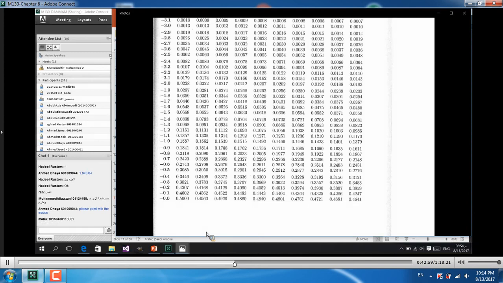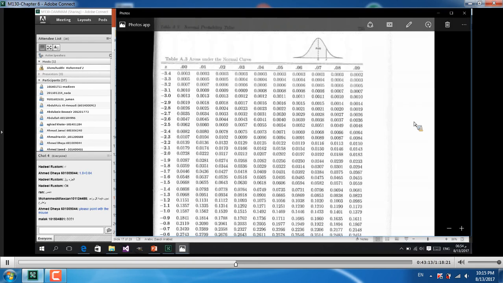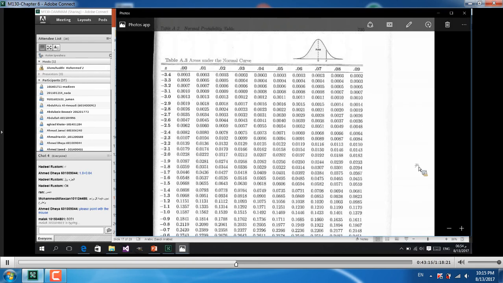So 1.97. This is the 1.9 and I need the 7 from up. 1.9 and here is the 7. So what's the value?